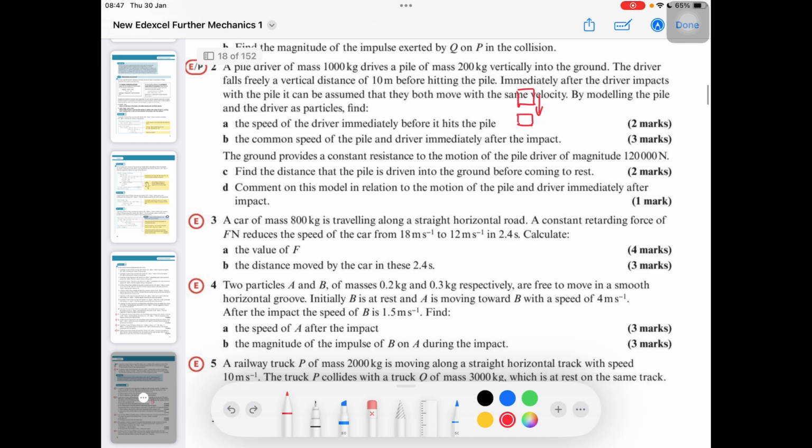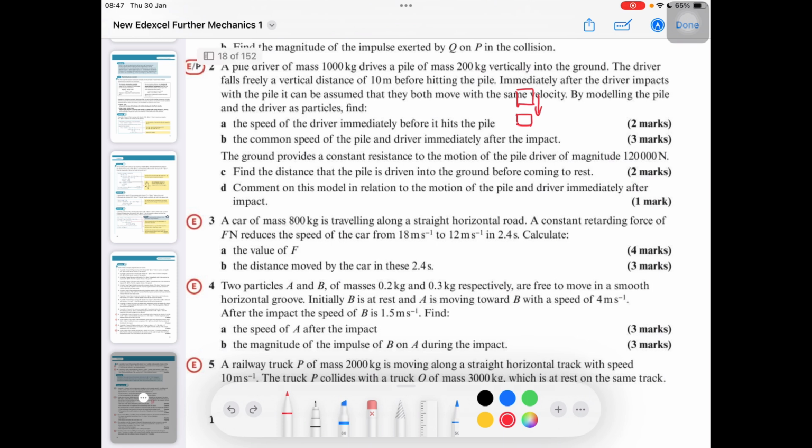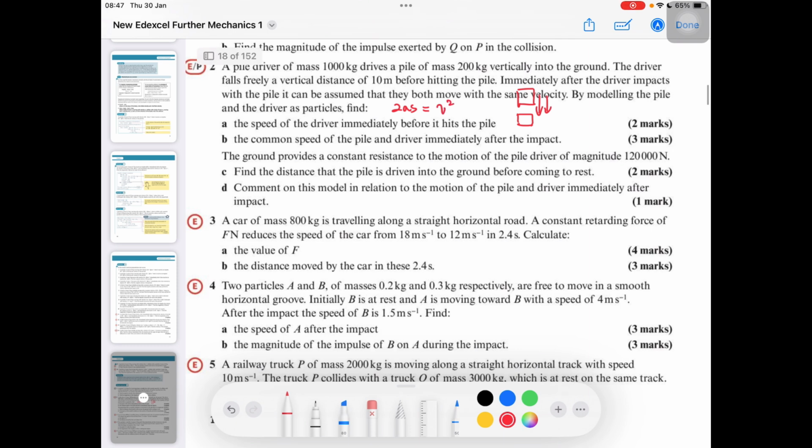Before it hits the pile means it fell down, and we can use SUVAT because it has only gravity. So let's make this direction the positive. Then 2as, because there is no time information here and we don't need it. 2as is v squared minus u squared.